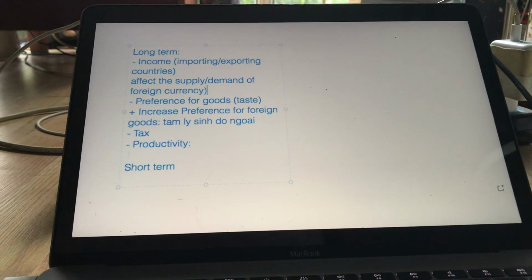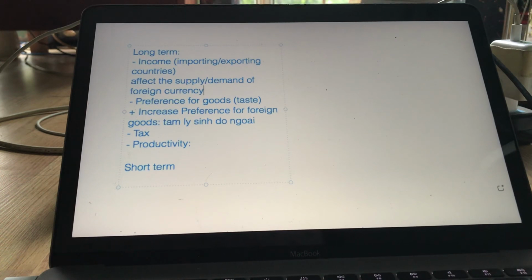That's the way we use when we analyze. We have these four determinants, and we suppose that a determinant increases or decreases.